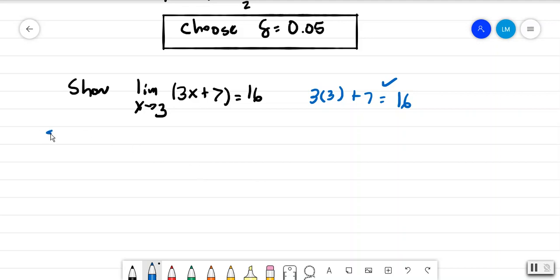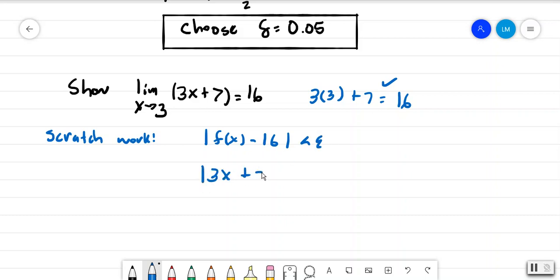So here, I'm going to use a little bit of scratch work. That scratch work is where I have the absolute value of f of x minus 16 is less than epsilon. I know that much from the definition. So this is 3x plus 7 minus 16 is less than epsilon. If I move on even further, I have 3x minus 9 is less than epsilon.